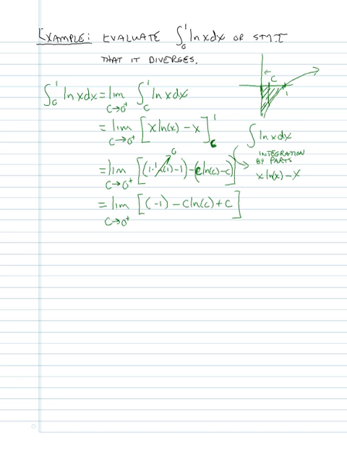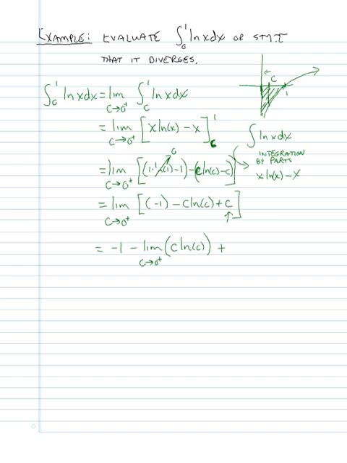So when we're looking at this limit, notice what we've got. The limit of the first term, negative 1, just gives us a negative 1. Then we have minus the limit of the second term, which of course is c times the natural log of c, as c approaches 0 from the right, plus the limit of c as c approaches 0.